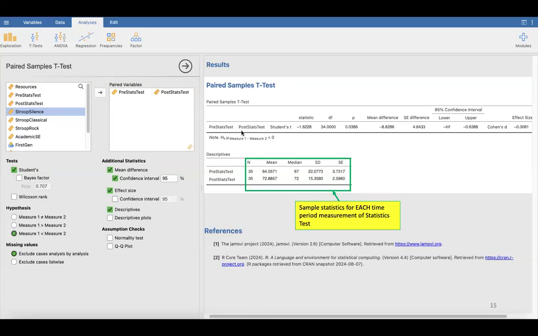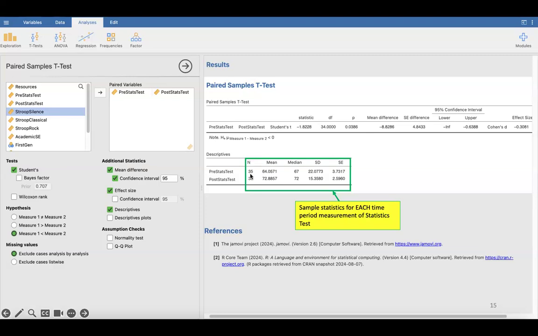Let's say that you looked at this and you saw, okay, pre-statistics test is 64-ish, post is 72. And then if your p-value is over 0.5, not 0.05, if it's over 0.5, that means that you have set your hypothesis to the wrong direction. So this is a good place to start and look at that information.